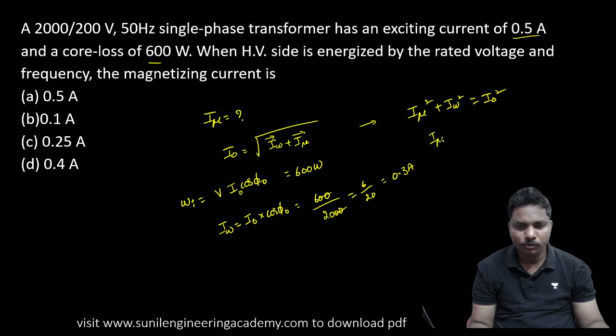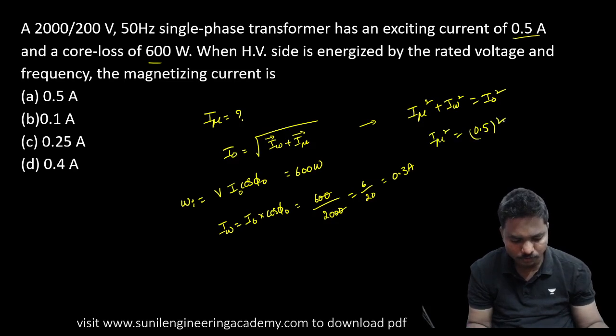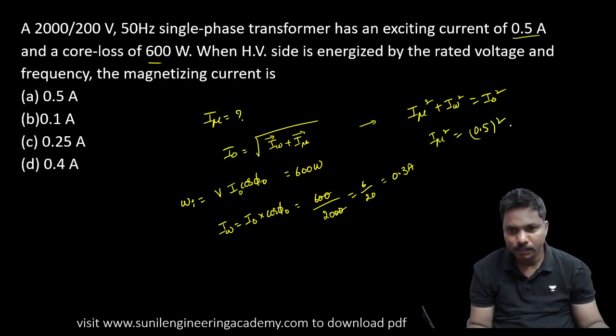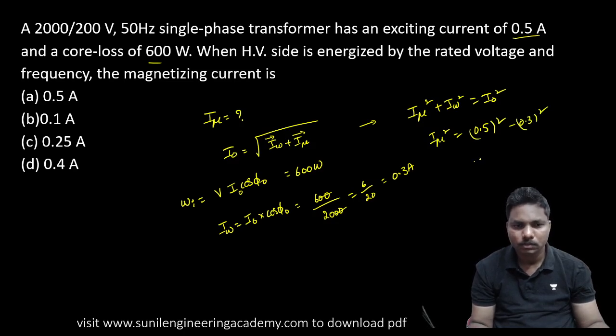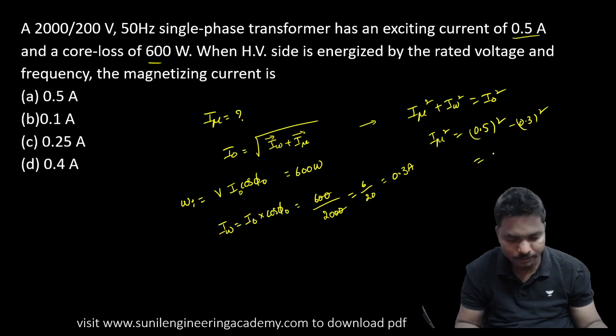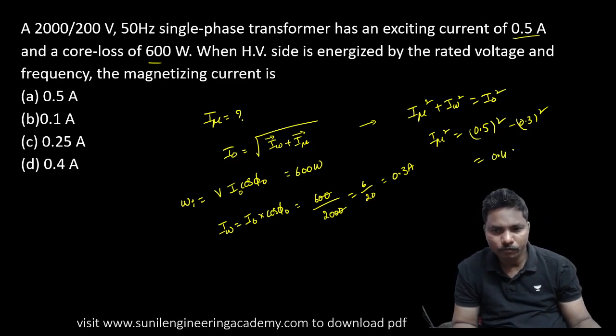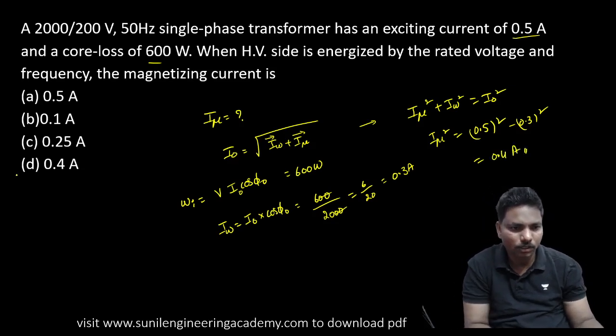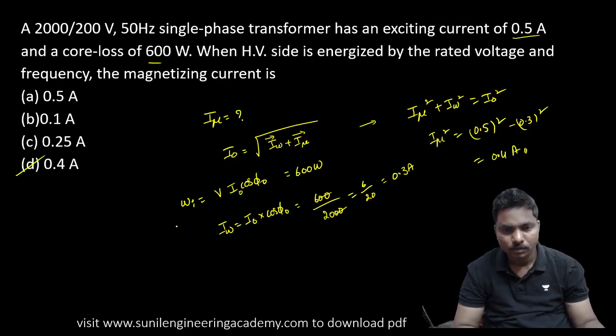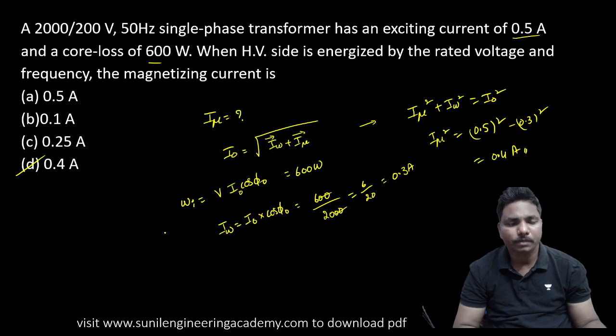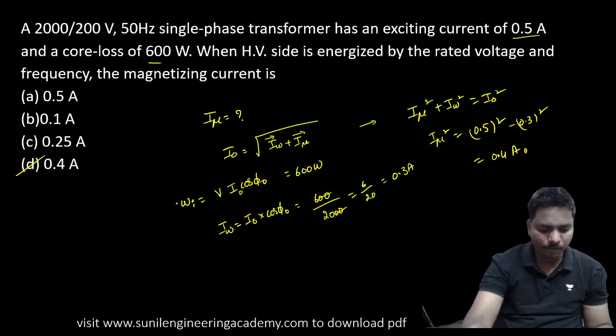So IMU square is equal to I naught square, 0.5 whole square, minus IW square, 0.3 whole square. That means you will get the answer as approximately 0.4 amps. So the answer is option B.